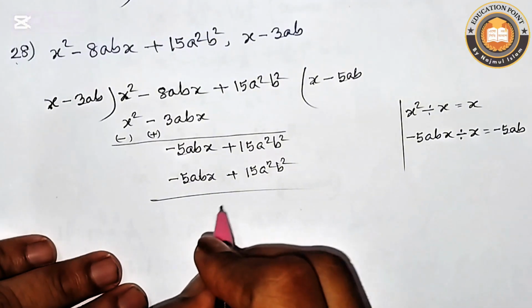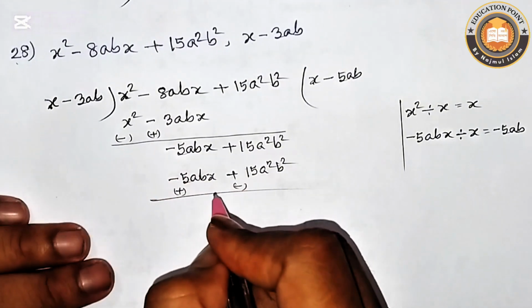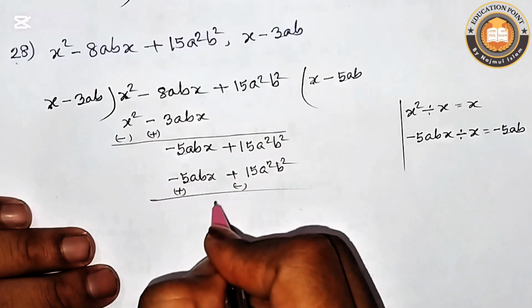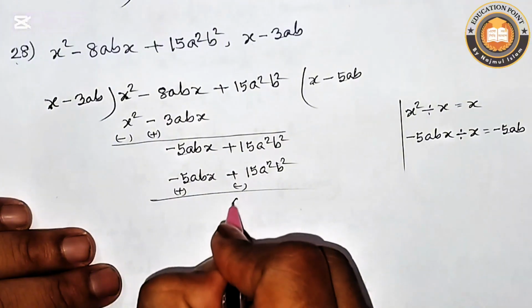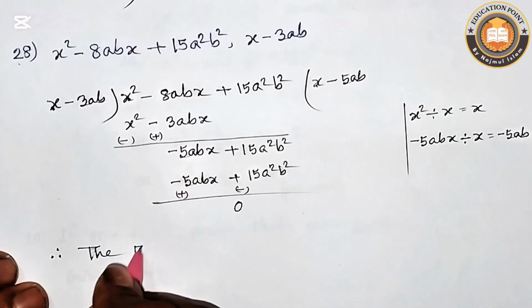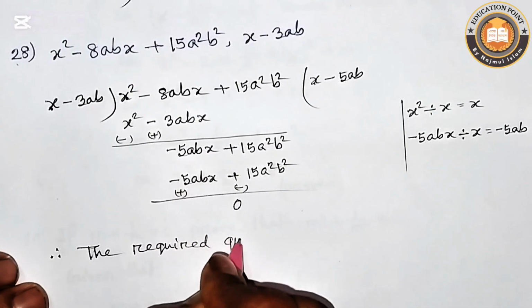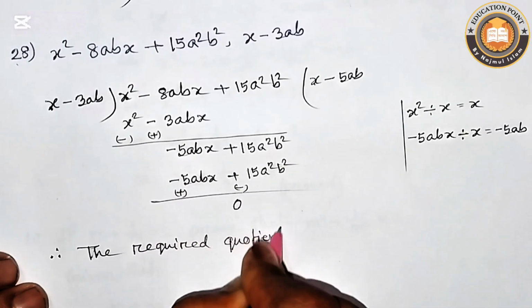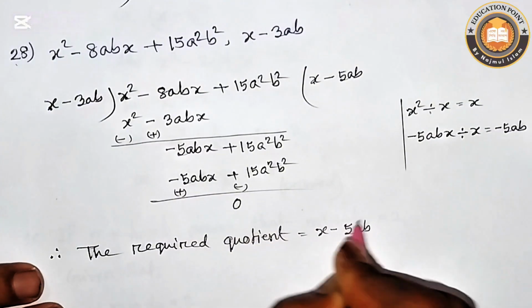According to the division law, their symbols will be changed. Minus 5abx plus 5abx equals 0, plus 15a square b square minus 15a square b square equals 0. So the required quotient equals x minus 5ab.